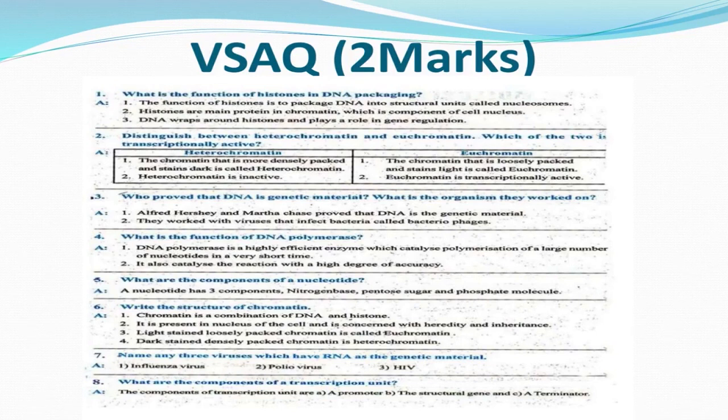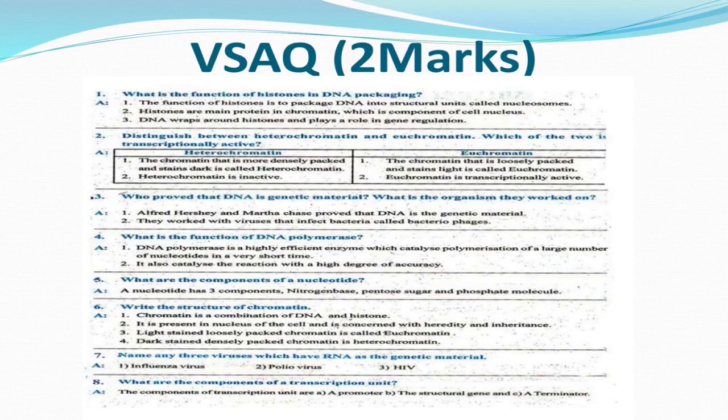Next question: write the structure of chromatin, a term that comes under the nucleus. The structure of chromatin is a combination of DNA and histone.